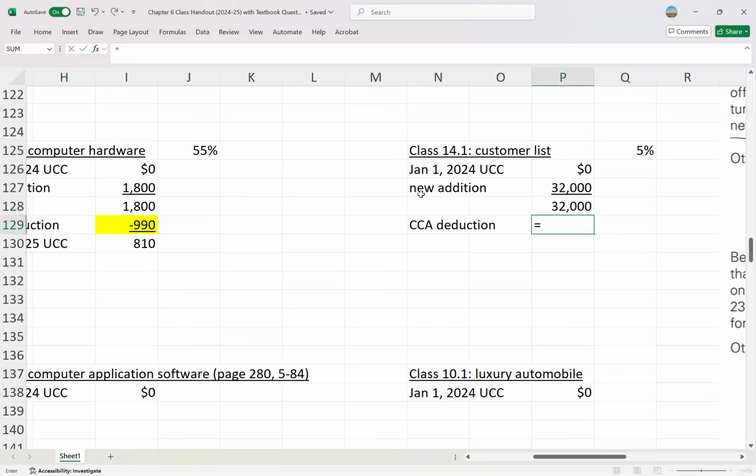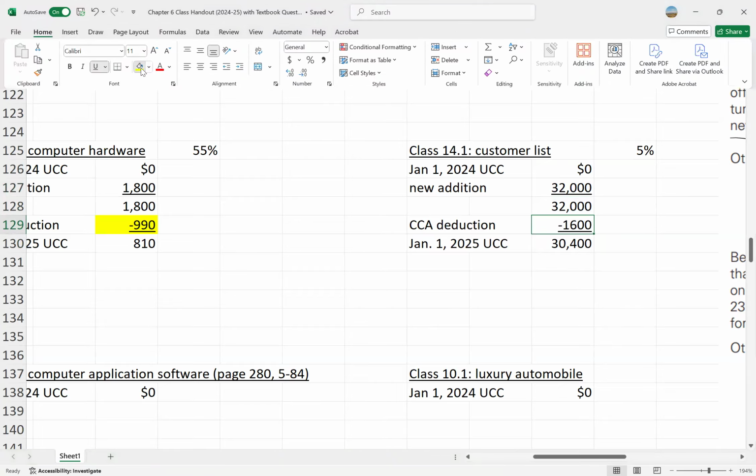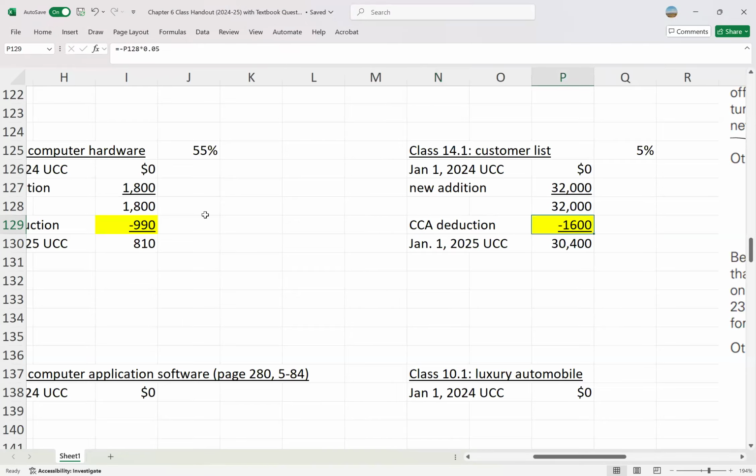So 5% of 32,000 is 1,600. And then the UCC going into next year, 30,400. And once again, highlight the CCA that we get to deduct. So those two are fairly straightforward.